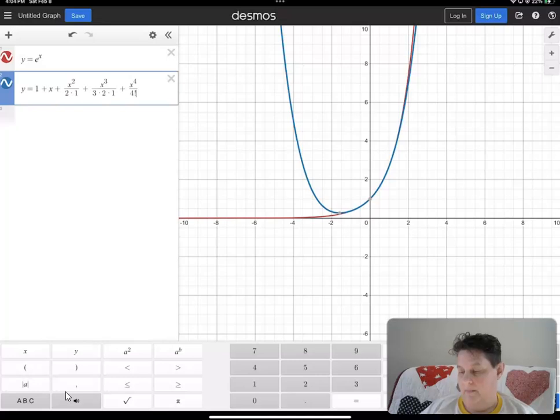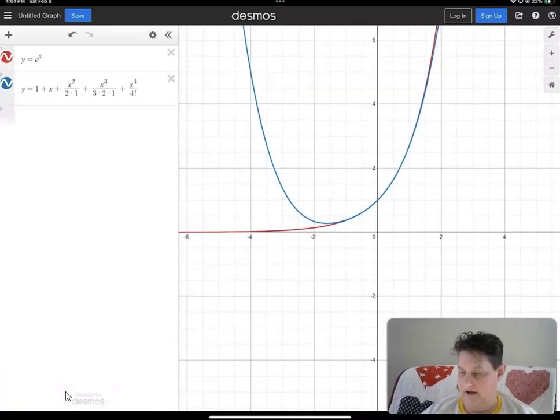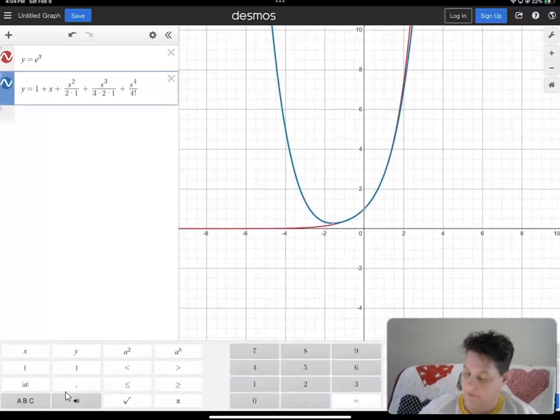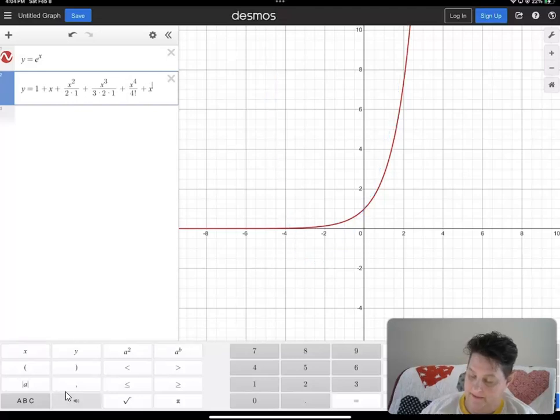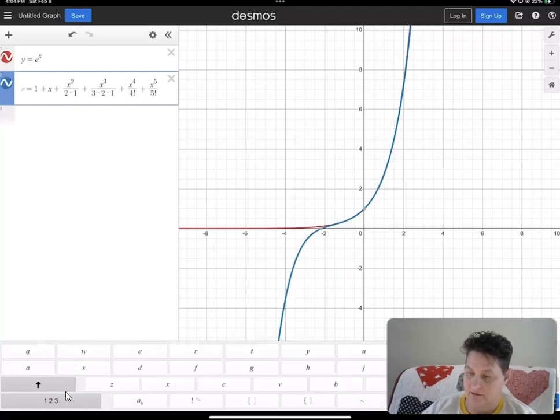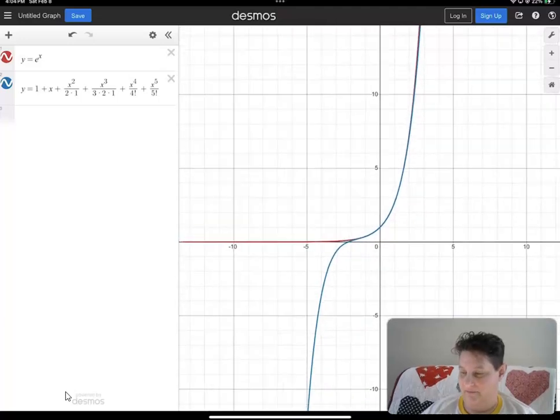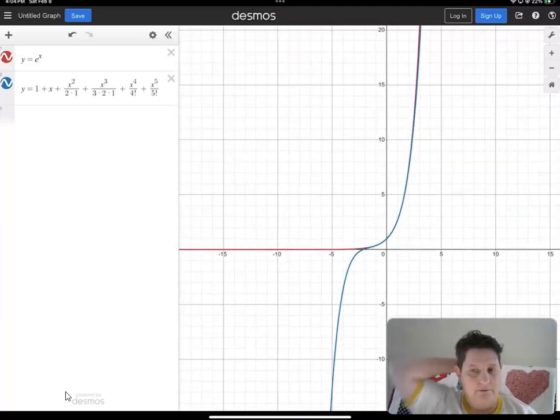Right? At numbers centered around 0, you can hardly even tell the difference. And the more terms that I put on here, x to the 5th over 5 factorial, that's crazy, right? And this ends up looking very similar.